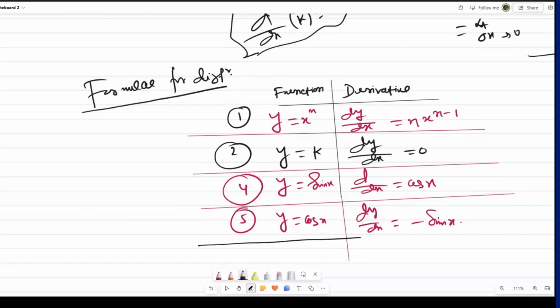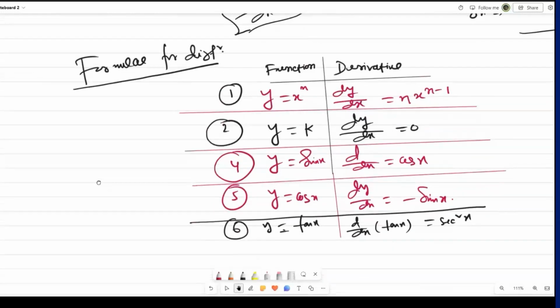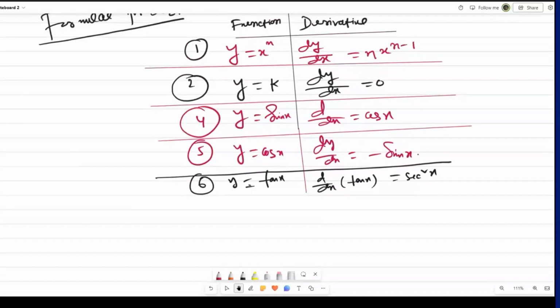And then for tan x, by first principle, d/dx of tan x, you can write this also, equal to sec square x. Then we'll do it for y equal to cot x.